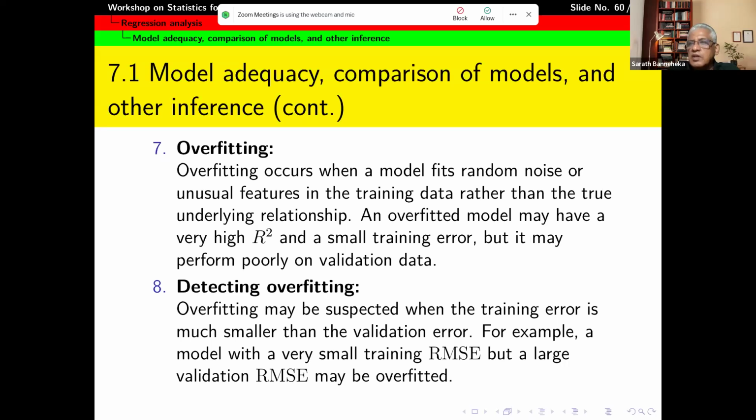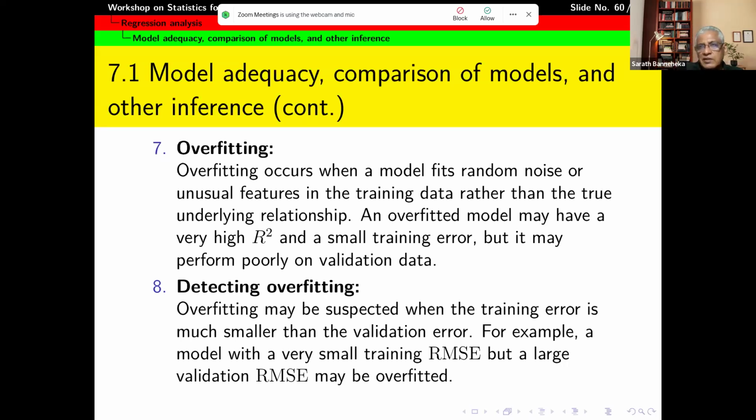But if you apply the same model to the validation data, your R square will be very low, much lower than in the previous situation. That happens because you have overfitted the model for the training set.